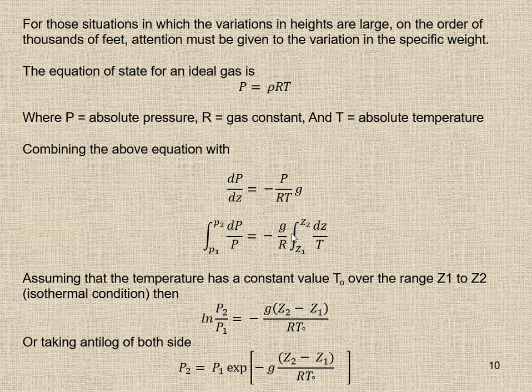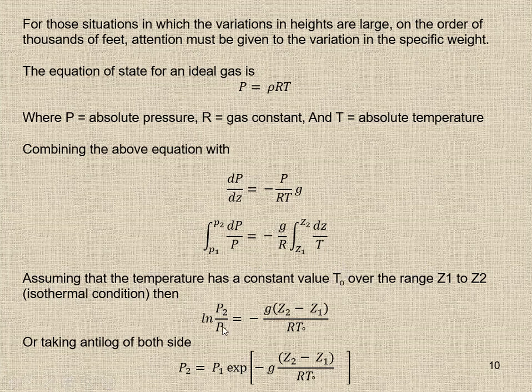Here g is constant, so from P1 to P2, dP over P equals minus g over R, both constant, times dz over T. Assuming that temperature has a constant value T0 over the range Z1 to Z2, because two changes we cannot monitor at the same time, we are considering an isothermal condition.